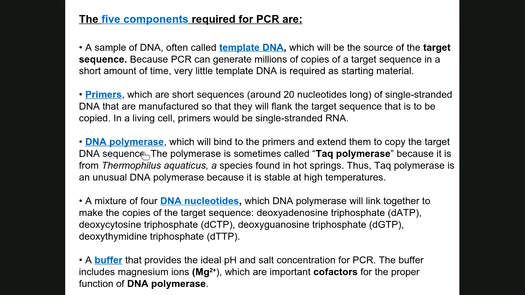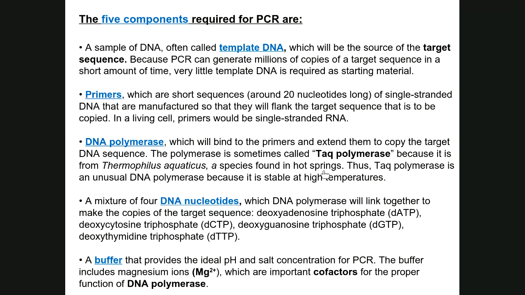Another component that you add to this little PCR tube is an enzyme called DNA polymerase, but the type of DNA polymerase that is used was isolated from a prokaryote of the domain Archaea, Thermophilus aquaticus. This unicellular prokaryotic organism was found to live in hot springs, at very high temperatures, as high as 90 plus degrees Celsius.